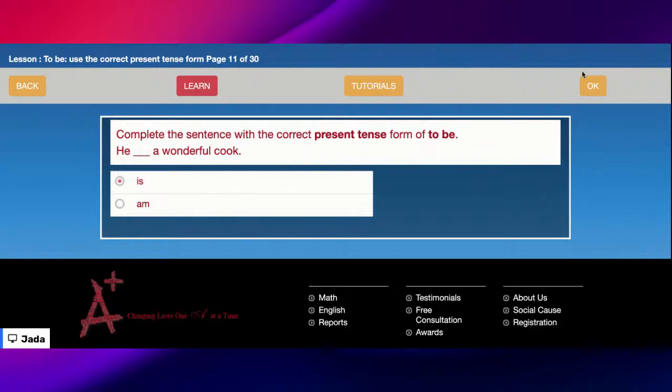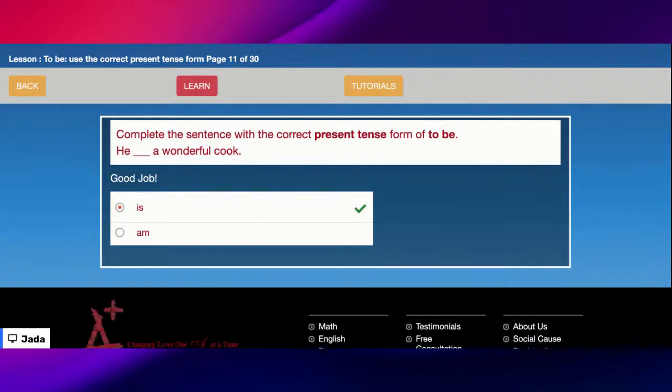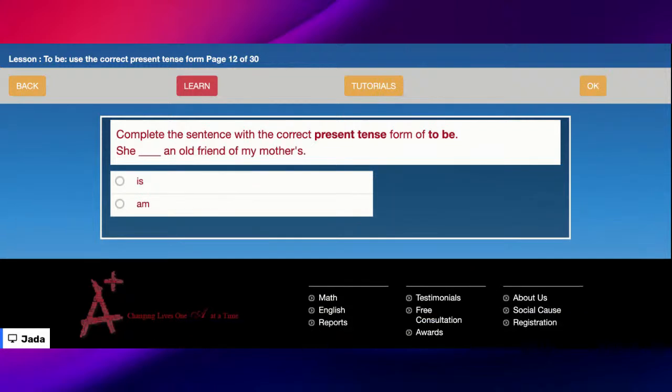All right. She dash an old friend of my mother's. So she is an old friend of my mother.